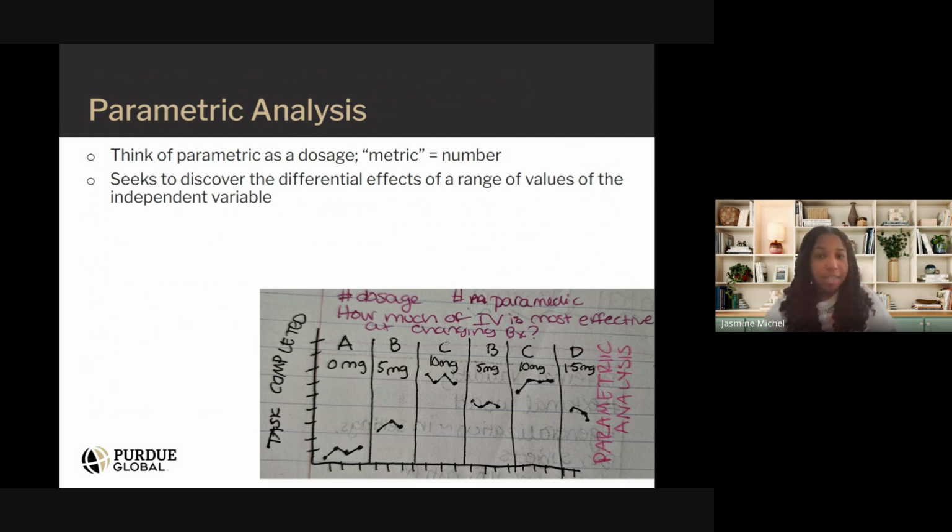We're going to go back to 5 milligrams. Then we're going to go back to 10 milligrams. It looks great, just like the other phase. But now we're adding 15 milligrams. Does that help? It is below. It's right in the middle. So as you can see, 10 milligrams will work for this client for task completed.